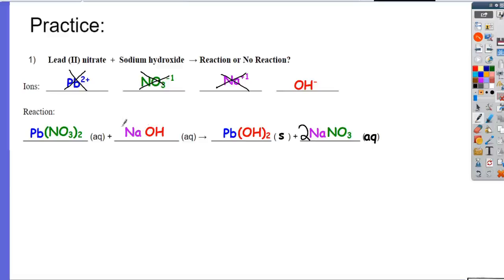So I need to fix this. I'm going to give this a coefficient of 2. So now I have 2 sodiums and 2 sodiums, but oh no, this gives me 2 hydroxides. Well, let me go over to hydroxides and oh, look at that. I already have 2 hydroxides. So this is now a balanced reaction.